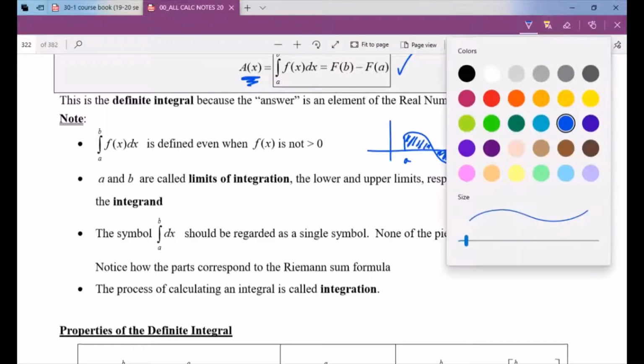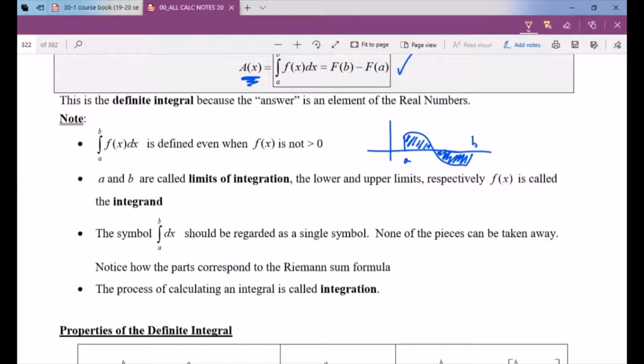The area below is going to end up being a negative area, and so if we just add it all together, it could cancel some of it out, so we have to be careful about that integration, but it is defined even when it is below.